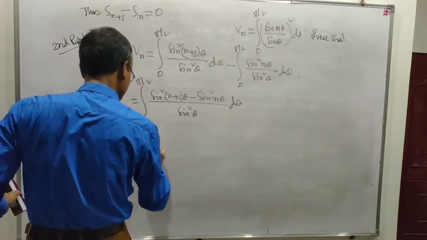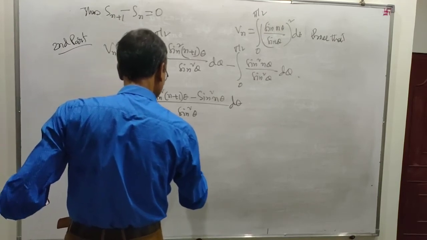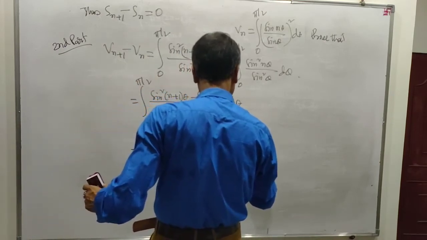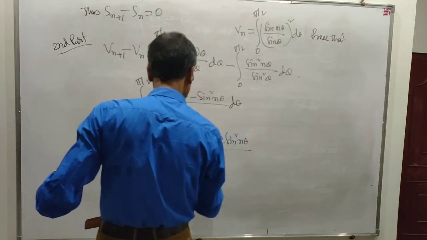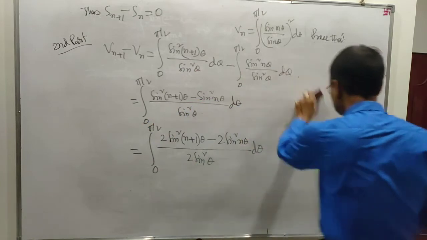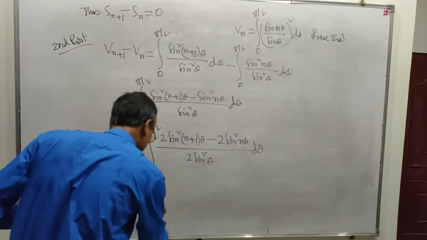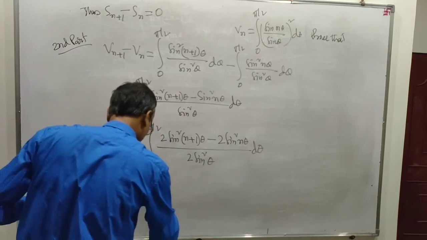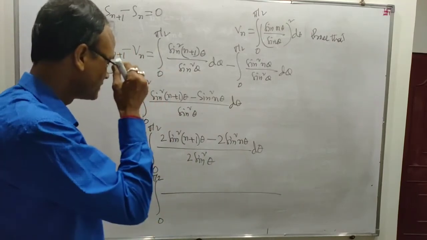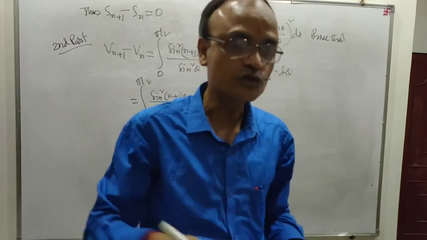This is equal to the integral from 0 to pi by 2 of 2 times sine square (n+1)theta minus 2 times sine square n theta, divided by 2 times sine square theta. Twice sine square theta is equal to 1 minus cos 2 theta.